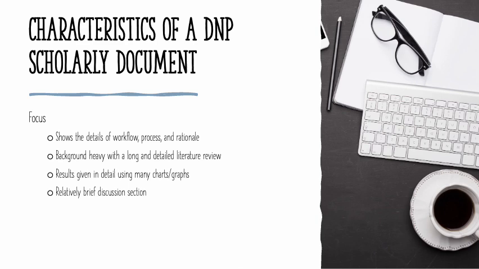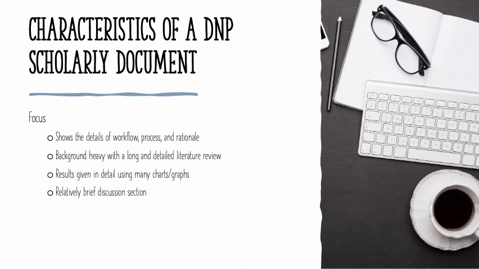It's often background heavy with a long and detailed literature review, including some literature that may be more dated than we might include in a manuscript. And so there's a lot of information in the background saying the literature that you built from, and also the rationale for why you did your scholarly work the way you did.